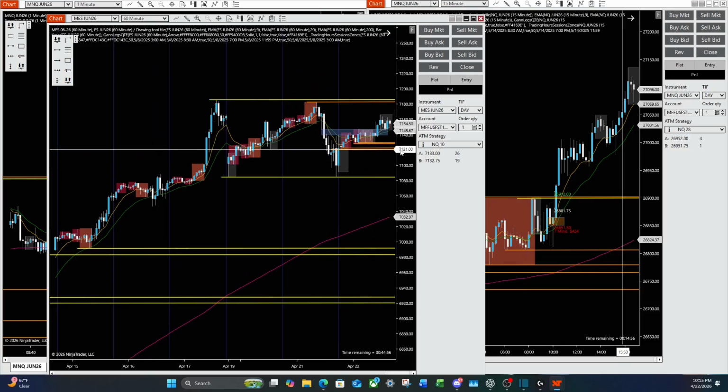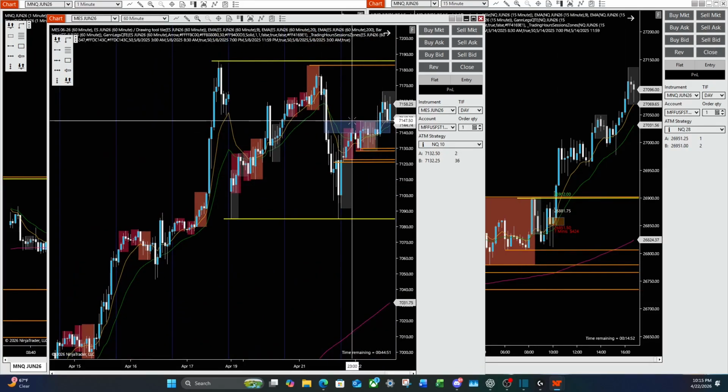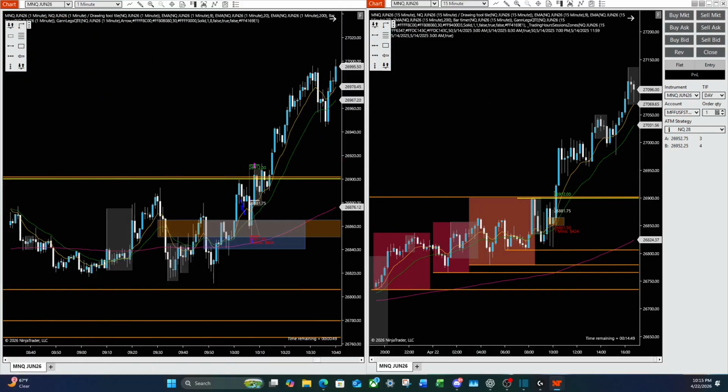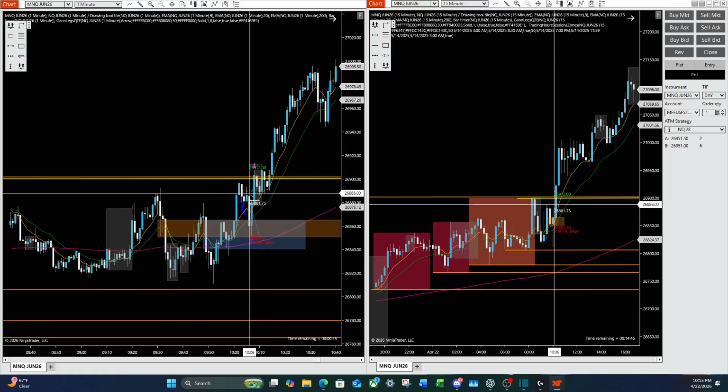So on the 10 o'clock candle, we finally busted up through this fair value gap, and now we're in bullish order flow, which gave us extra confirmation to take the trade on NQ. But that was today's trade recap, and thank you.